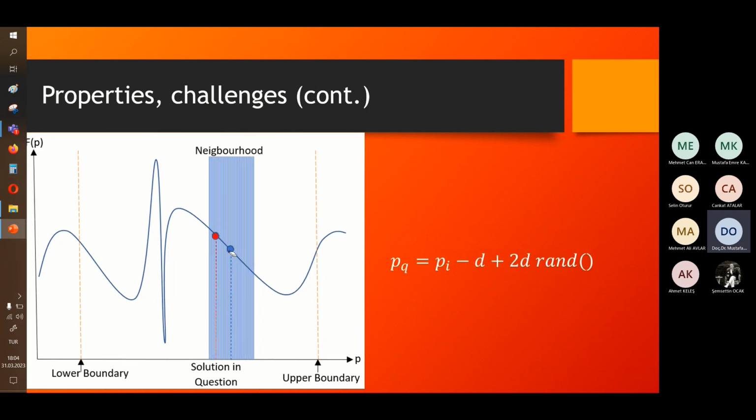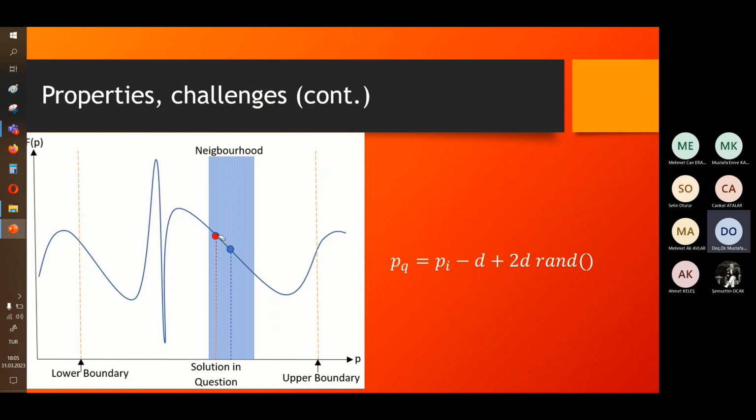But this time, the solution is not good. The current solution is better than the candidate solution; we tested it and it is not good, and we will reject this one. So we only accept good solutions, and we reject bad solutions.